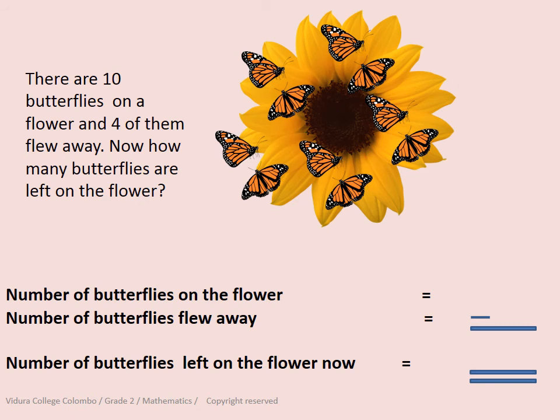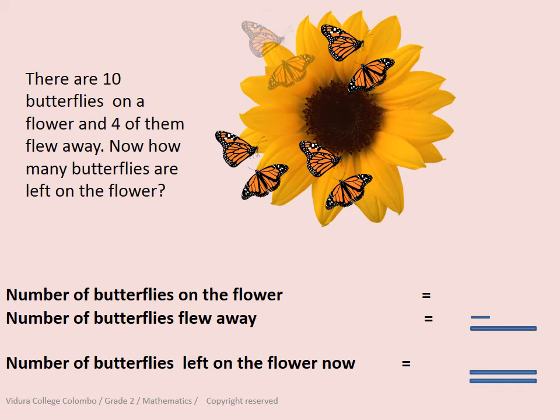There are 10 butterflies on a flower and 4 of them flew away. Now how many butterflies are left on the flower? Let's try to solve this problem by using the problem solving technique. Let's first write down the correct figures in front of the correct sentence.